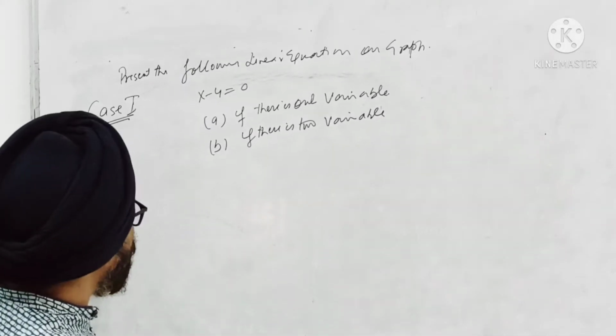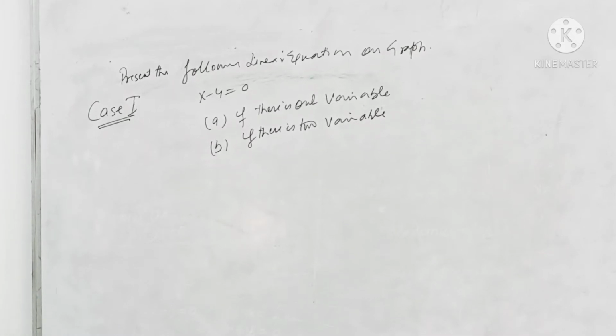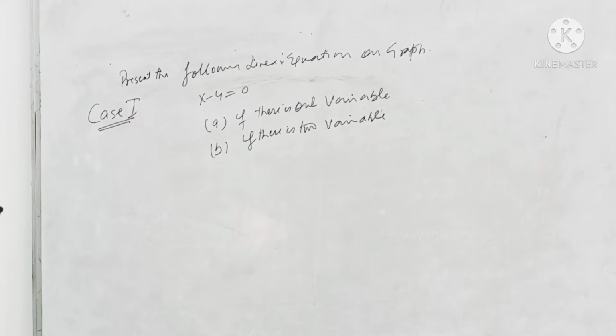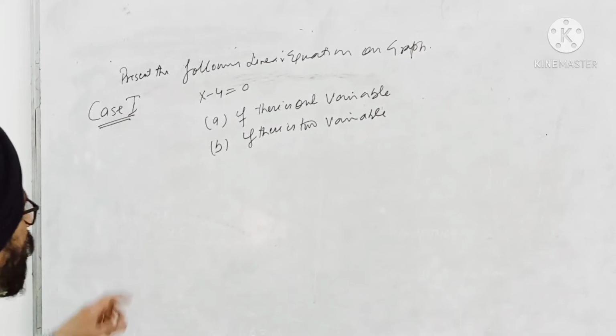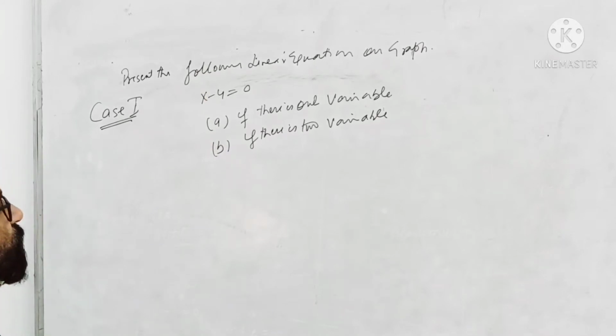Now the rest of the topic is how to present the following linear equation on the graph. Case number 1, we are taking the example here: x minus 4 is equal to 0. In this equation, it is linear, but there is only one variable, that is x. The y variable is not given.